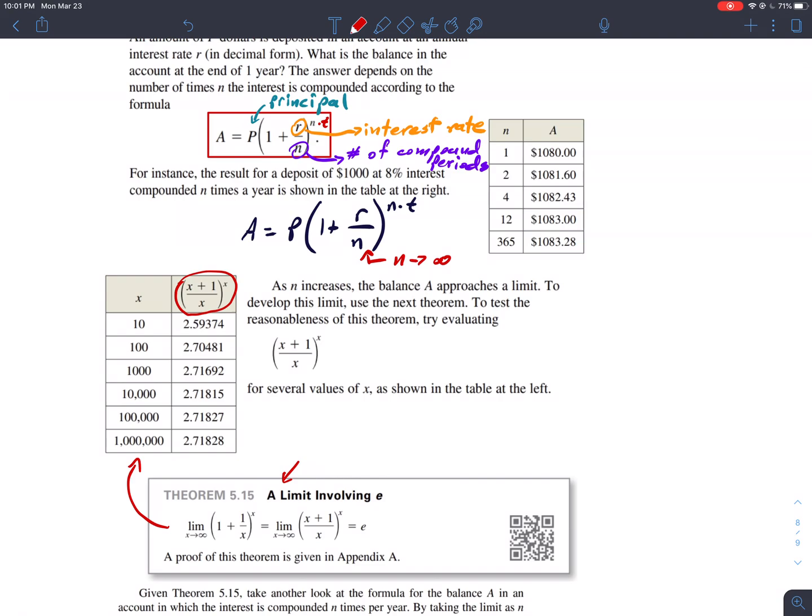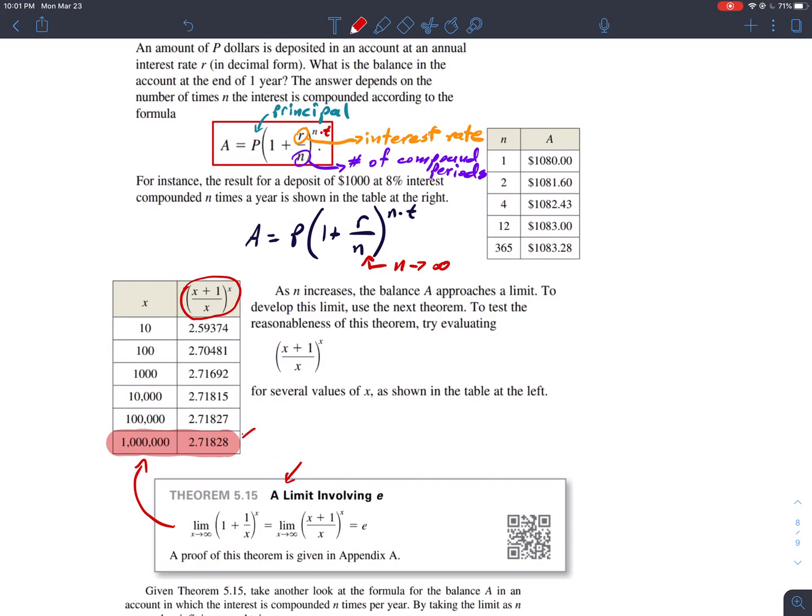If x is 10, if x is 100, all the way up to x equal 1,000,000. If x gets increasingly larger, then the value of that function, x plus 1 over x, all raised to the x power, gets closer and closer to the number e. And so just by looking at a table, it's easy to hypothesize that the limit of this function equals e.